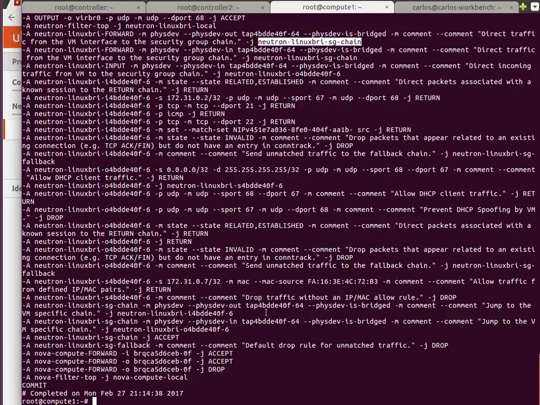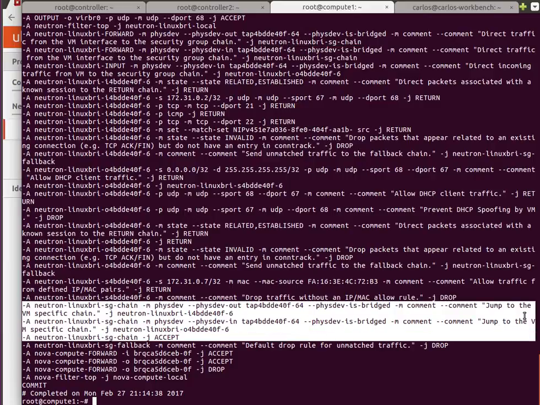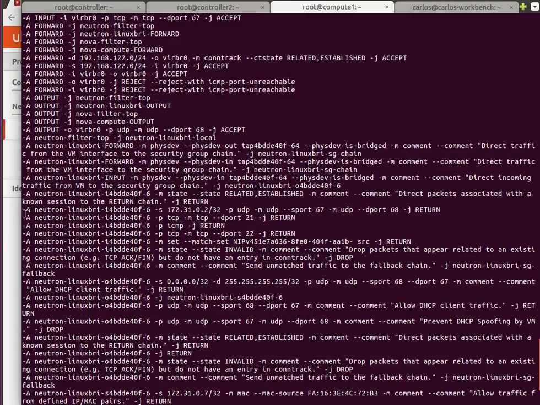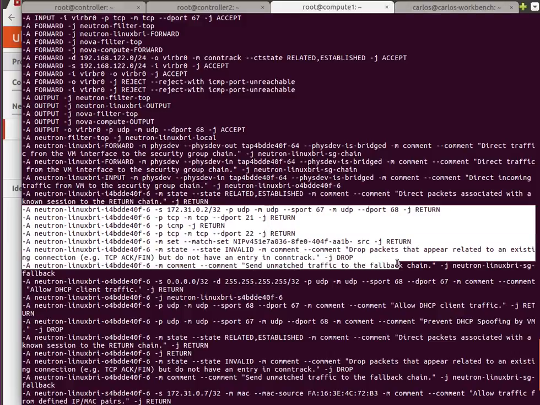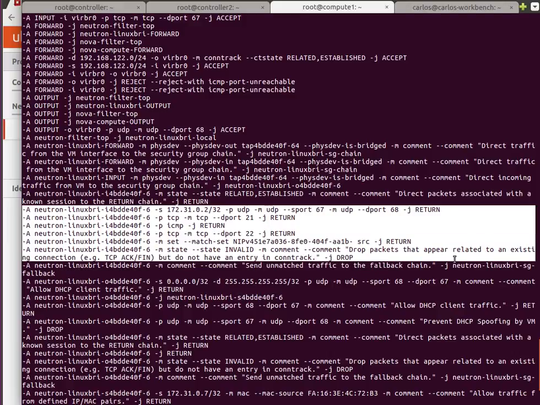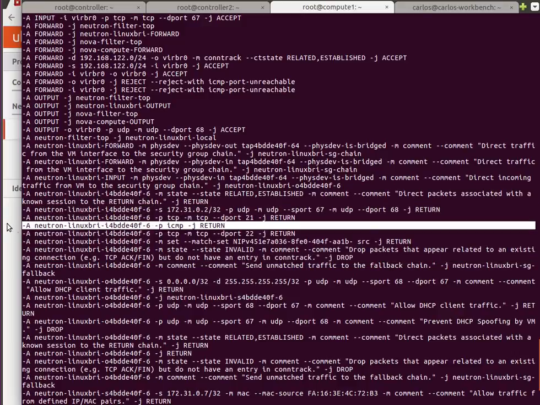If we scroll down and look at what that chain looks like, it's basically saying jump to that VM-specific chain, in this case neutron-linuxbridge-i4BD. What that chain states is that these are the rules for that instance. In this case, we are accepting ICMP traffic.